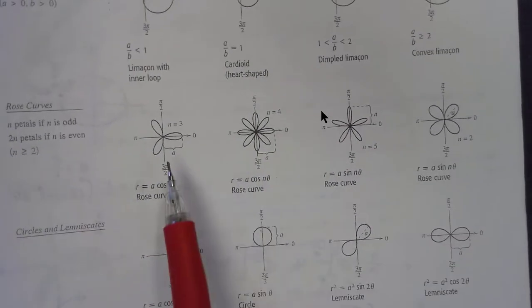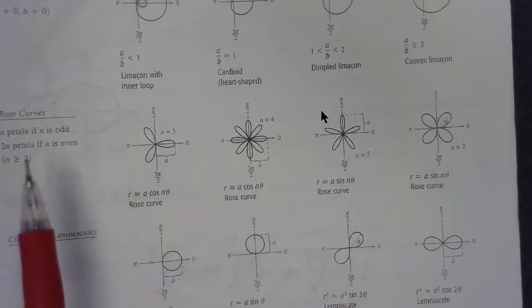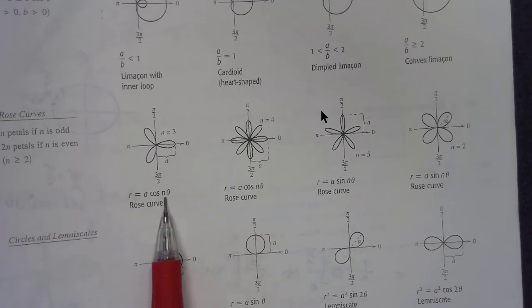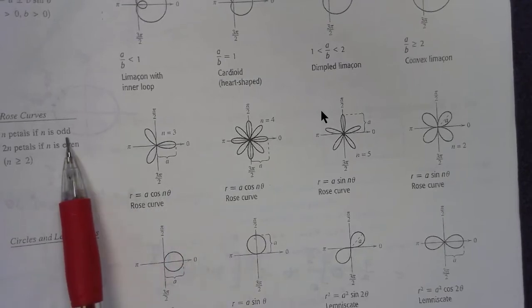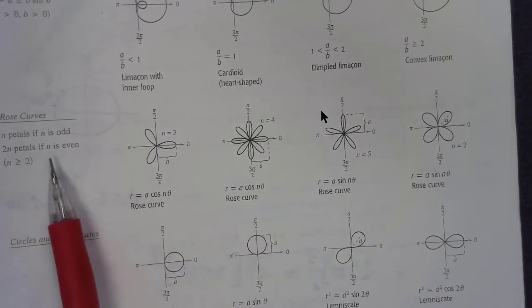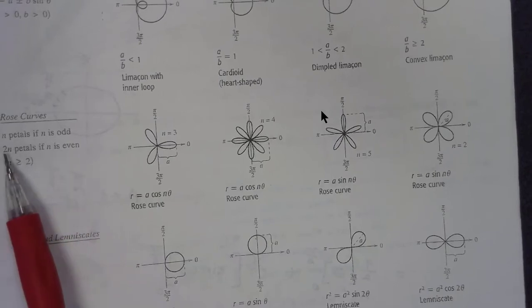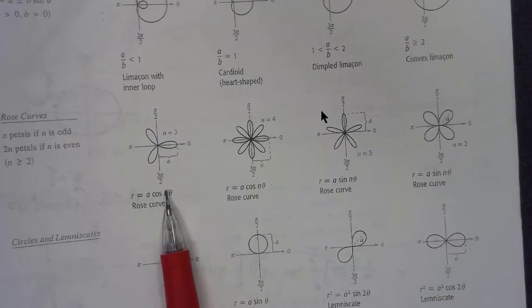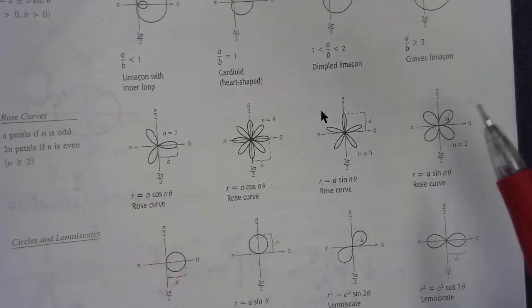Now, these are rose curves. A nice thing to know about rose curves is if n is odd, you have n petals. If n is even, you have 2 times n petals. So here n is 3, and we saw that it repeated over itself, so it traced it twice.